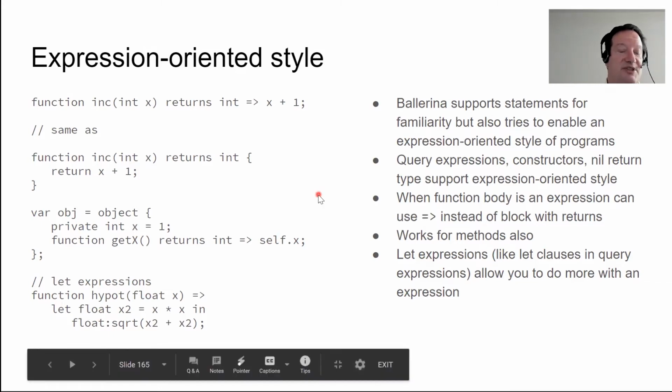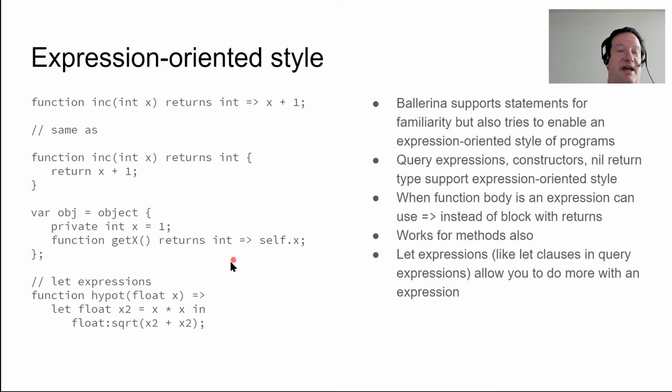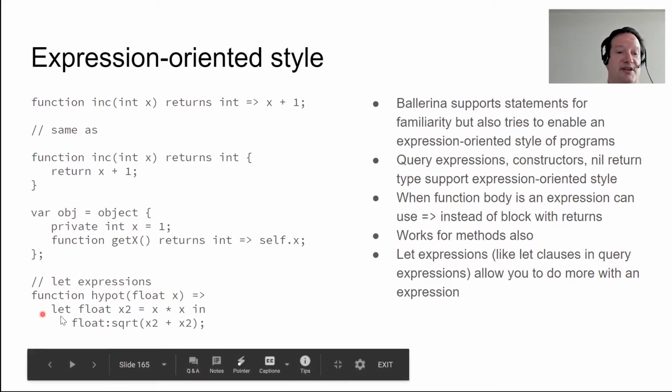And we also saw let. You remember we saw let in query, and we have let available generally as an expression. So you can do let. You put an in when you're using an expression. You have in. So this is an expression that binds x2 to... So we're computing x squared plus x squared plus x squared. That's not quite right, is it?